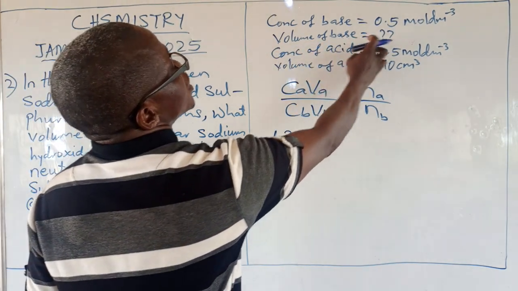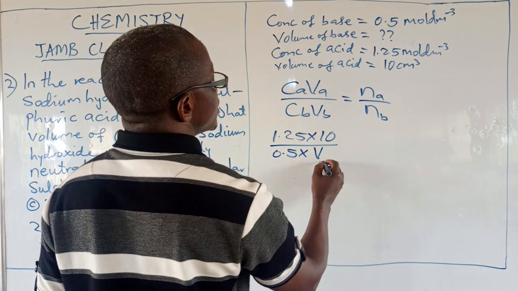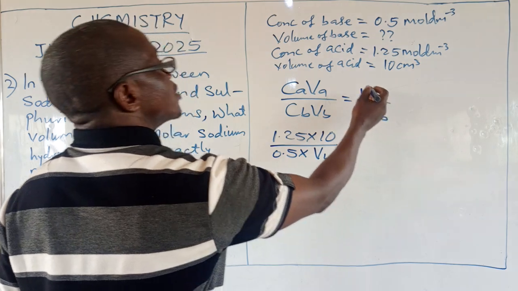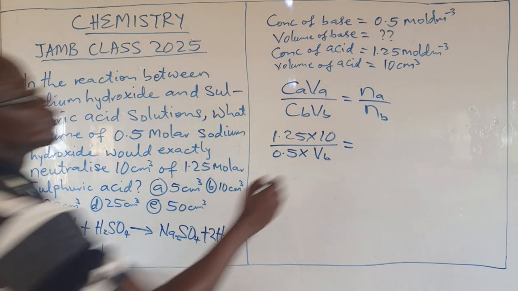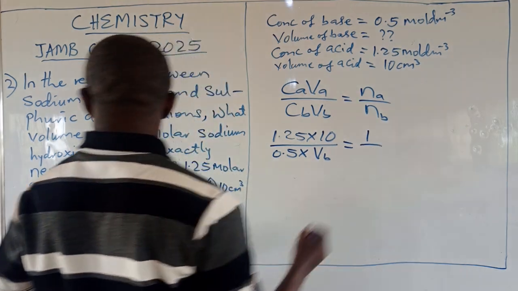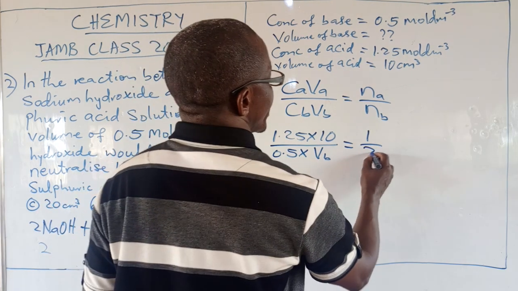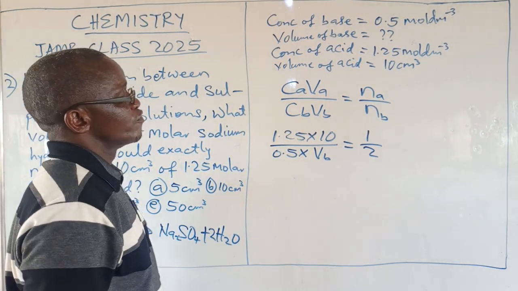Volume of base is what you are looking for, which is Vb, equal to Na, mole ratio of acid. This is acid, you put down 1, all over mole ratio of base, which is 2. Now, from there, solve for your Vb.